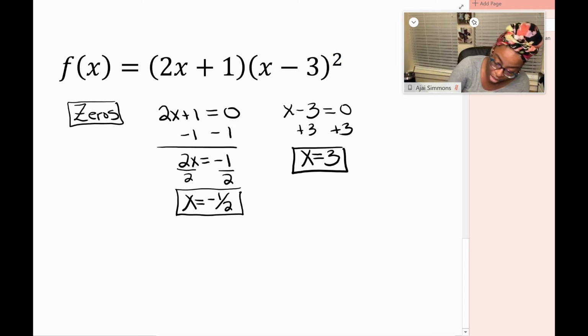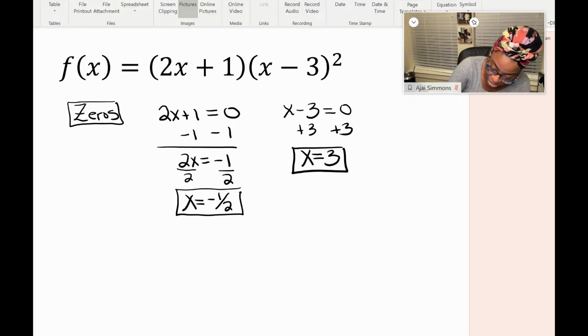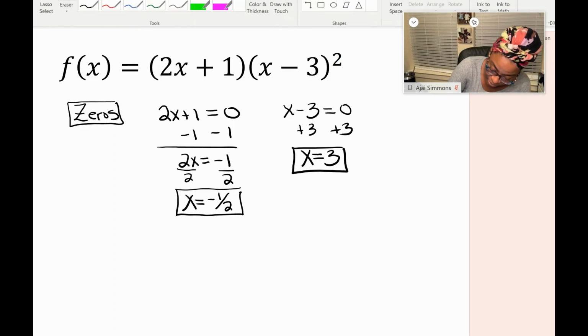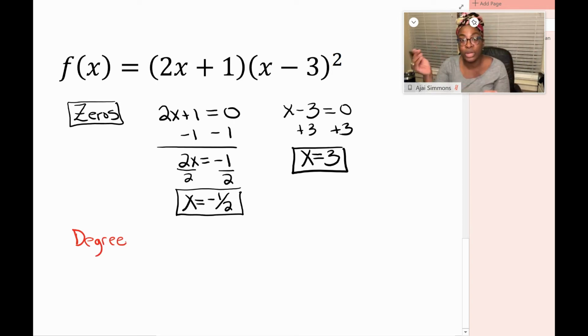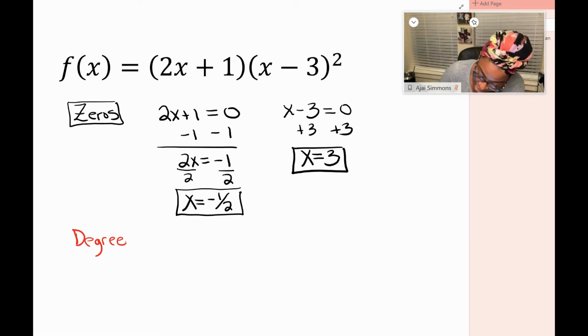So let's change color here. Let's do red for the degree. Now, how do we find the degree? You find the degree by adding up the exponents. So if I look up here at the top, I have a degree here of 2.